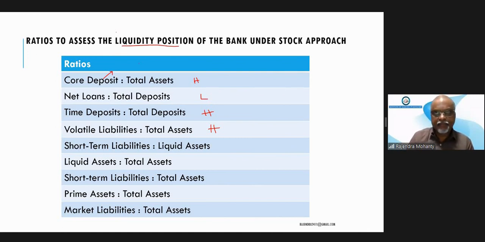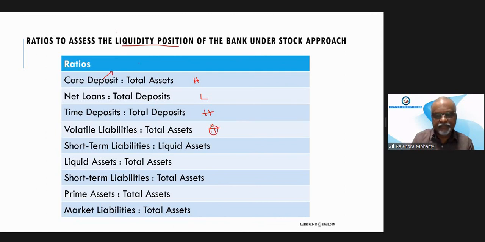Sir, volatile liabilities to total assets, it should be low, no, sir, because it is the liability side. No, sir, it should be higher because volatile liabilities are short term in duration.